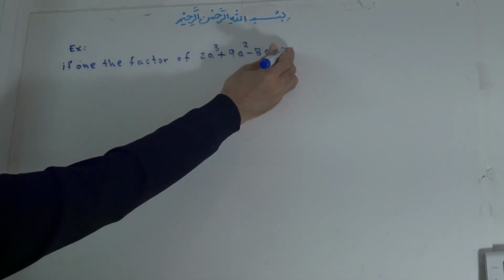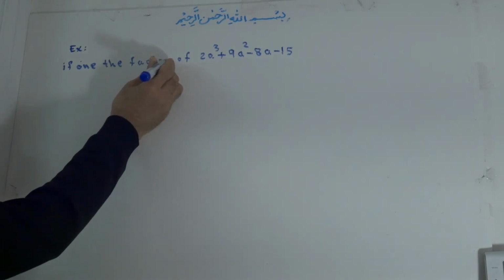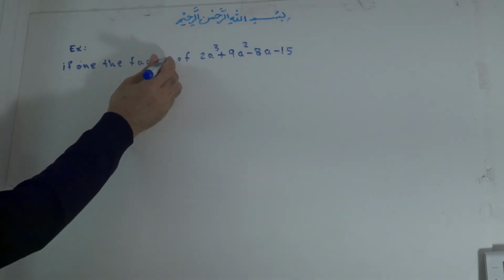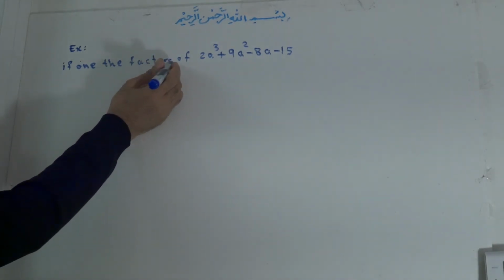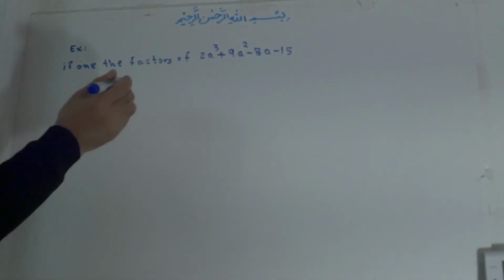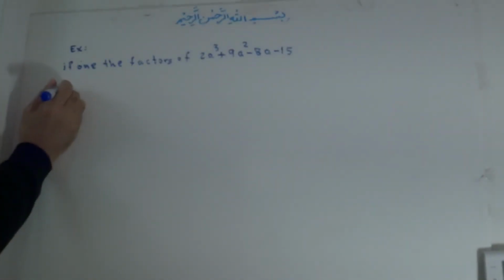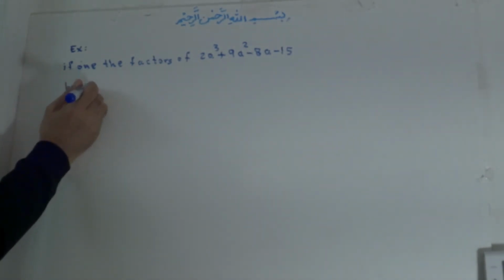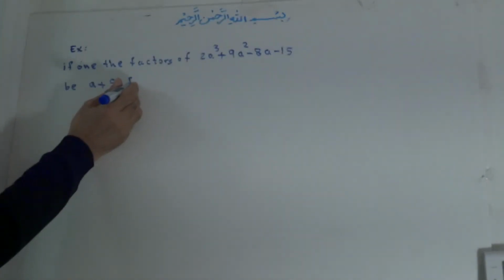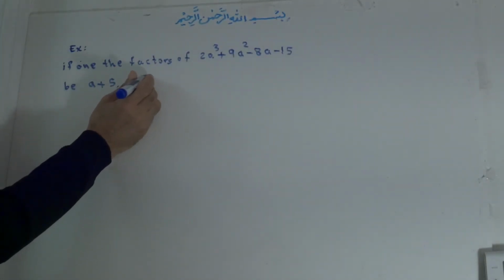If one of the factors of 2a to the power of 3 plus 9a to the power of 2 minus 8a minus 15 is a plus 5, find the other factors.